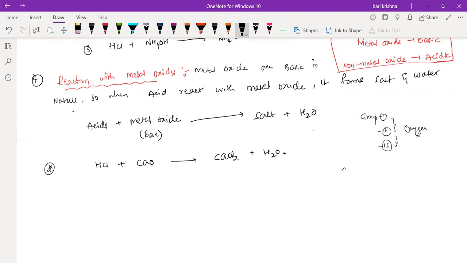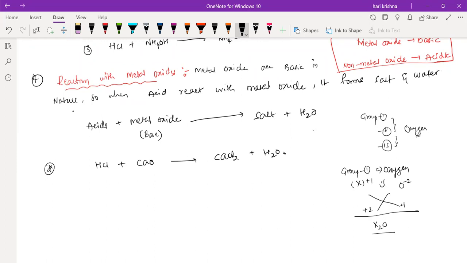So if you take group number 1, what is the oxide formula for group number 1? If you take group number 1 as X, all the elements, oxygen will form O minus 2 and X plus 1. So the combined formula of group number 1 is X2O.